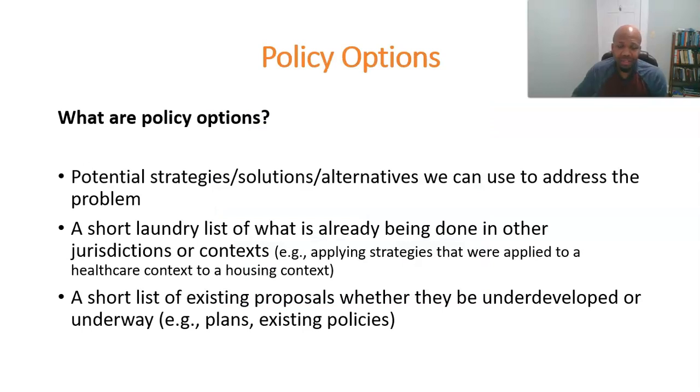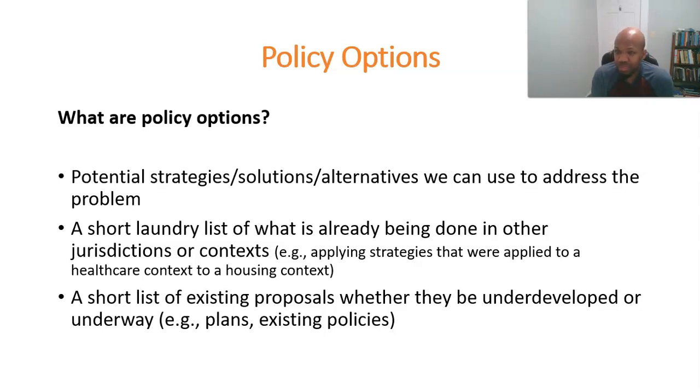And the last item here is policy options, how to design a policy option. First, allow me to try to define what that is for folks who have never conducted a policy analysis before. Sometimes it's referred to as policy solutions, policy alternatives, or policy strategies. Any of those terms, they're basically talking about policy options.